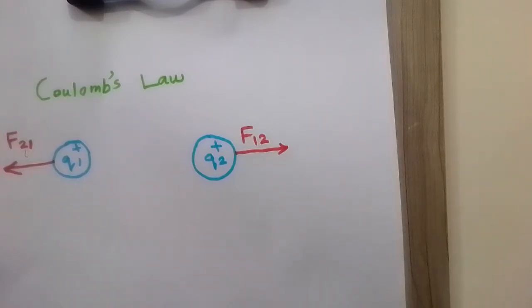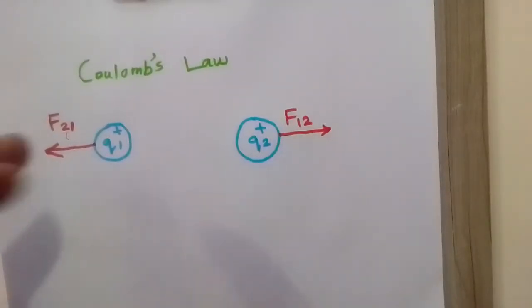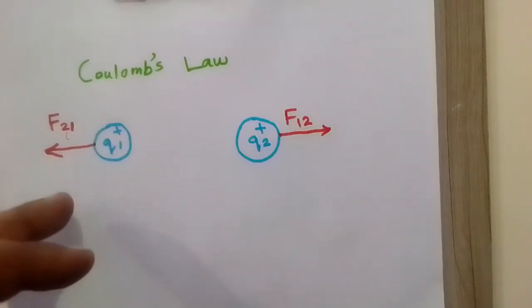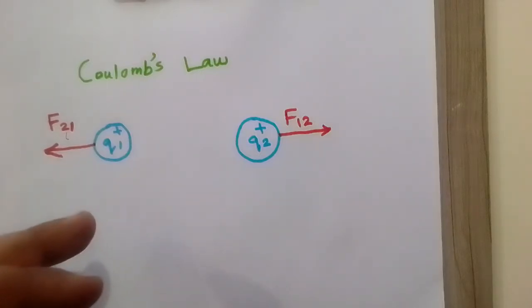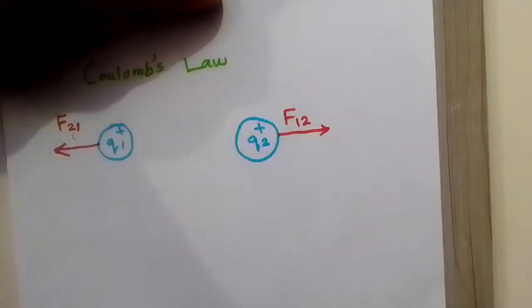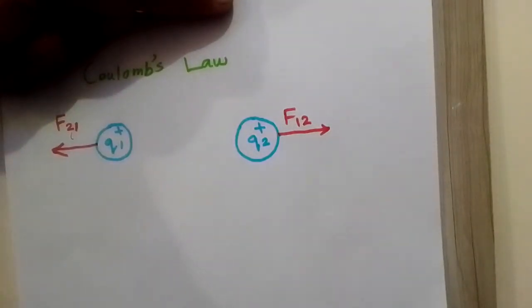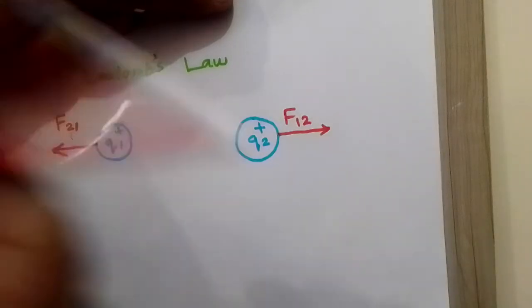So we can see that both the forces are in the outward direction, so the charges will repel each other. These forces in the outward direction indicate that these two charges are repelling each other. This is the case of positive charges.